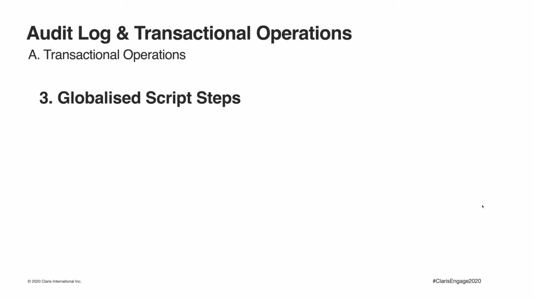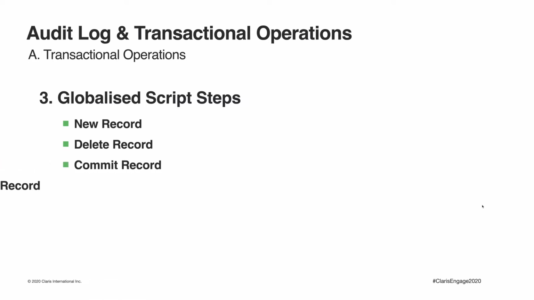So which script steps need to be globalized to create a system-wide transactional operation process? Those script steps are new record, delete record, commit record, revert record, and delete portal row.